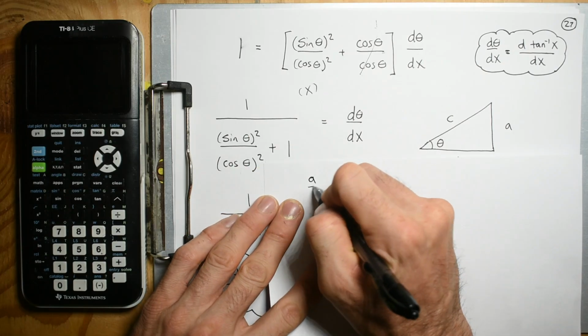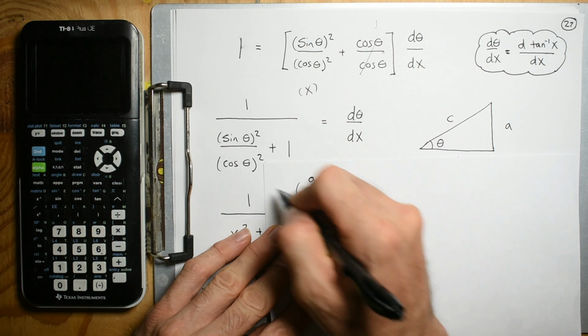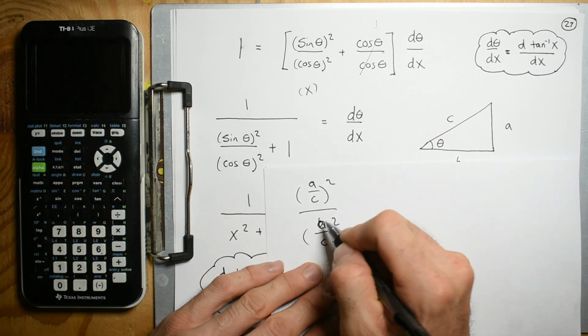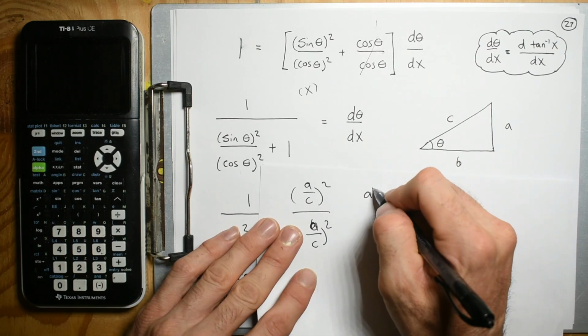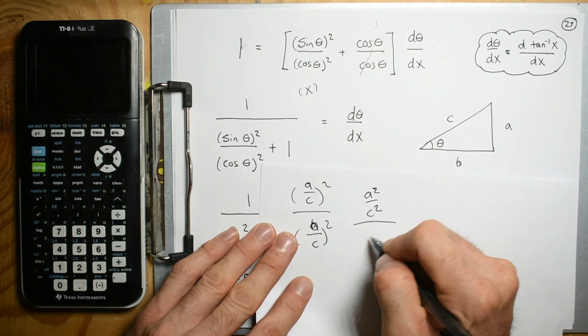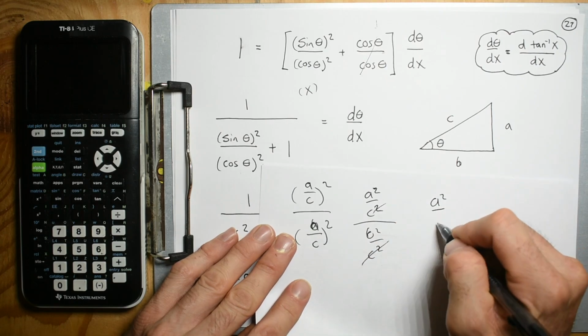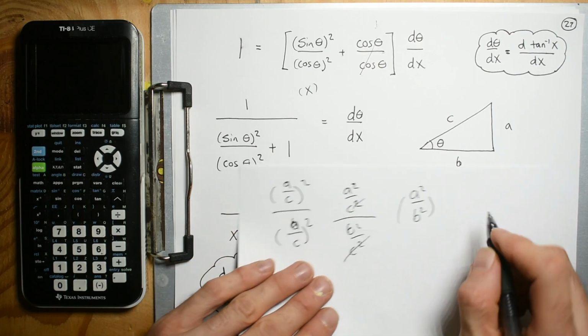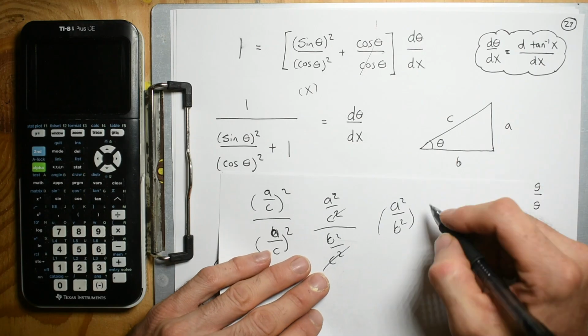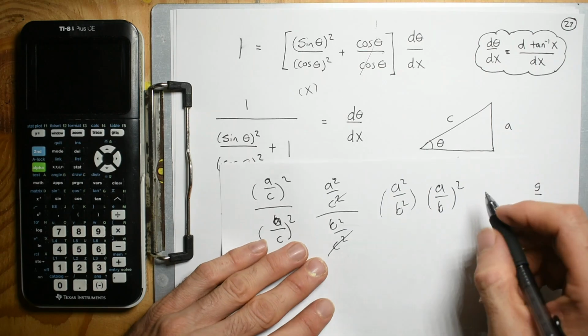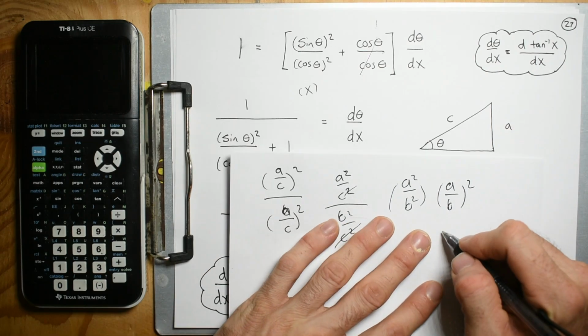Sine is a divided by c, so sine squared is a squared over c squared, and cosine squared is b squared over c squared. And so you can just do this process. A squared, c squared divided by b squared, c squared. The c's cancel. We have a squared divided by b squared. What is a squared divided by b squared? Well, that's a divided by b, squared. And what is a divided by b? Well, that's the ratio of the tangent.